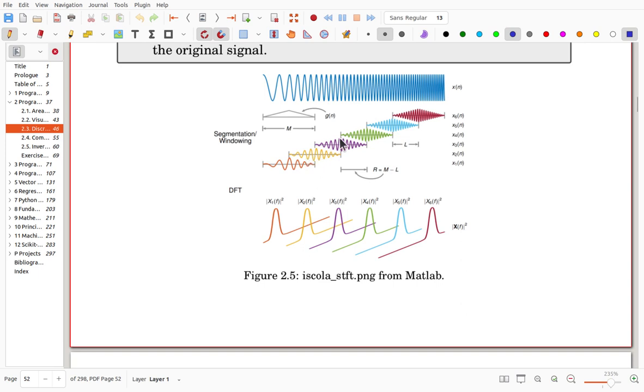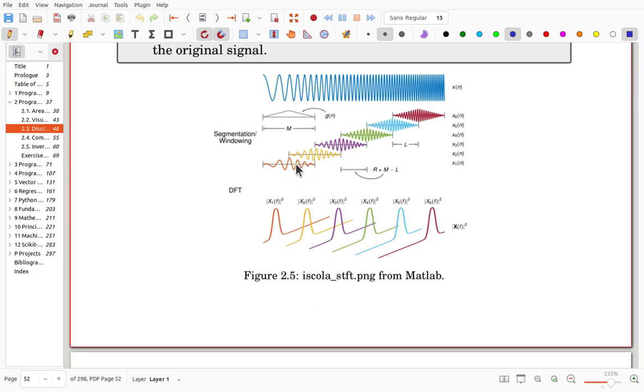We keep going, and then at the last moment, we take m samples around the end and multiply the window function G, and we can get this signal. For each of these signals, we apply the discrete Fourier transform. Then the frequency components, the magnitude squared, will appear as in this portion.